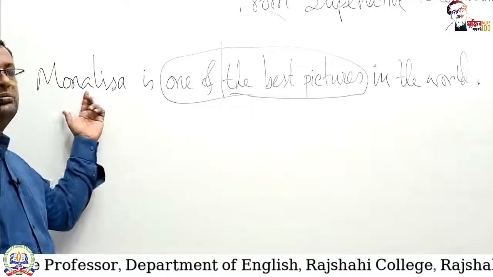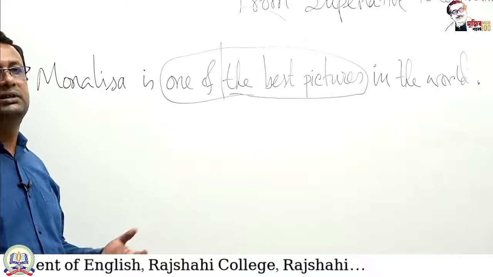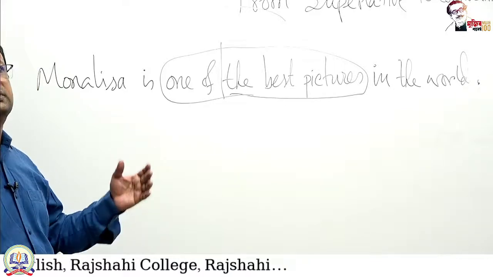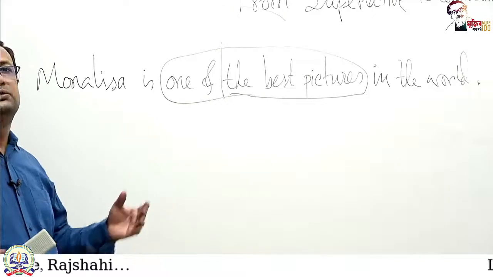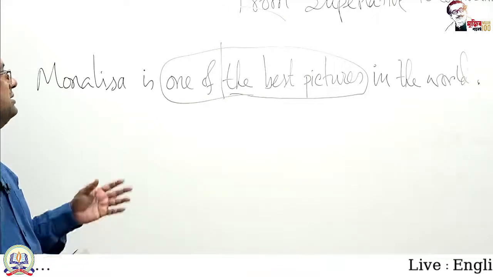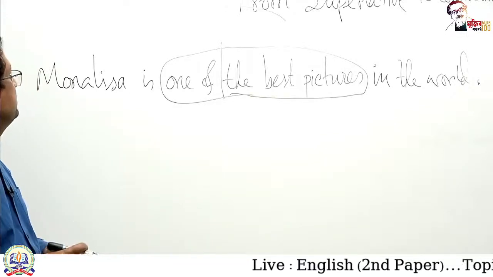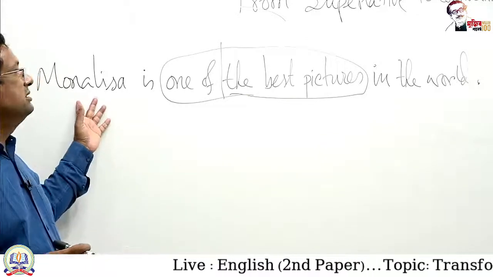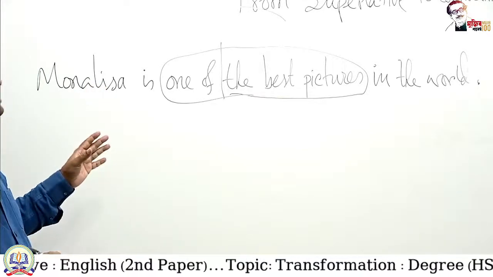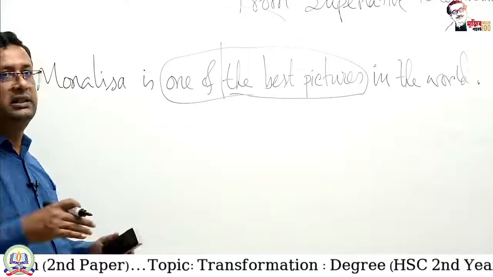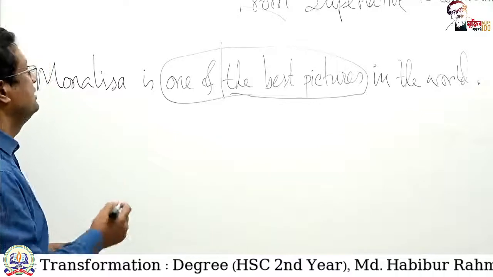So not only Mona Lisa, but also other pictures like the Last Supper or pictures of our painter Zainul Abedin. Okay, they are also the greatest type of picture. So Mona Lisa is not the only picture of the highest quality.